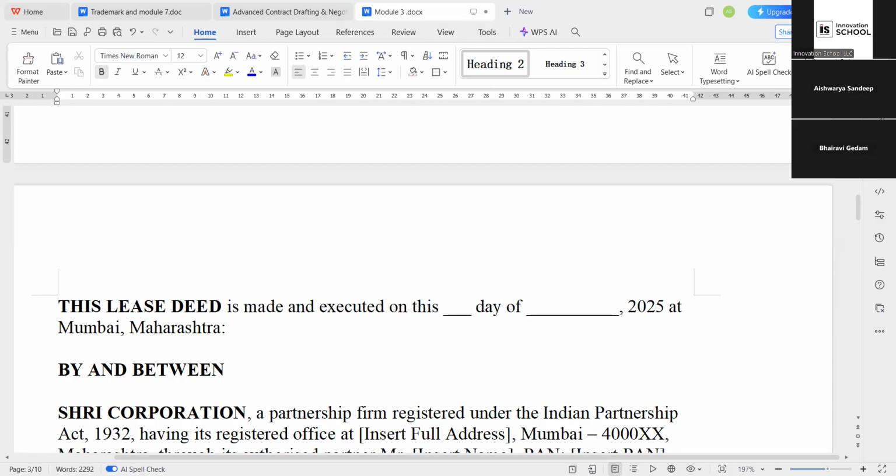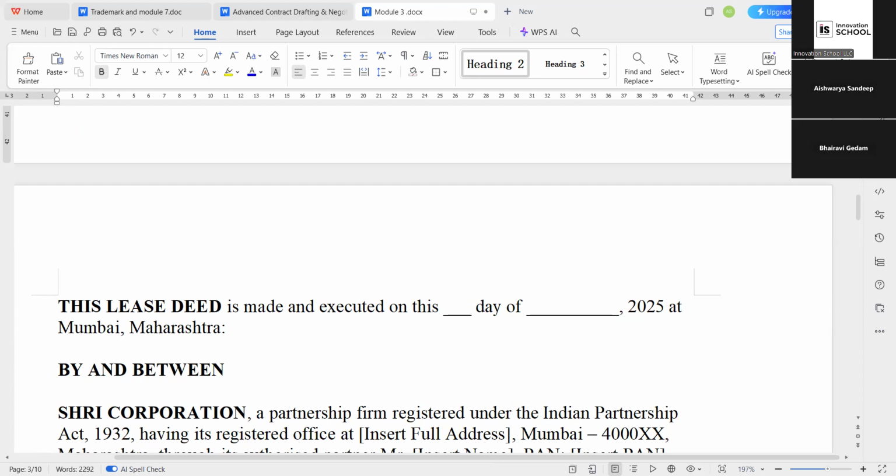Now when you talk about lease of a shop, in Bombay, ideally the norm or the practice, when you are giving a commercial property on rent, you can give it for a minimum duration of 3 years.